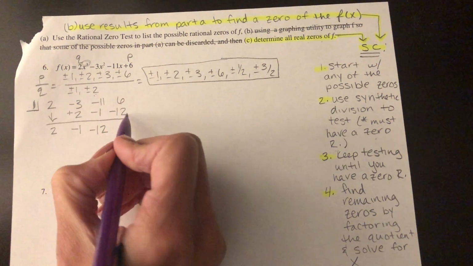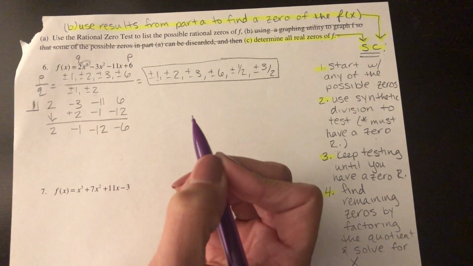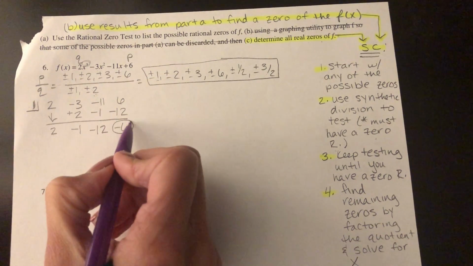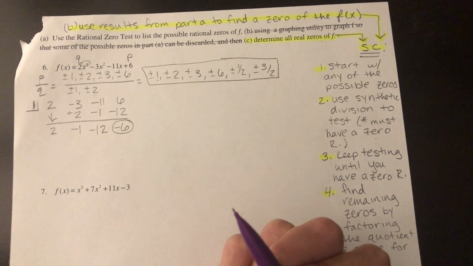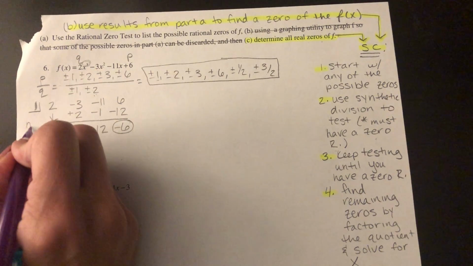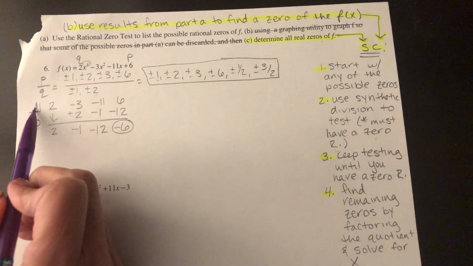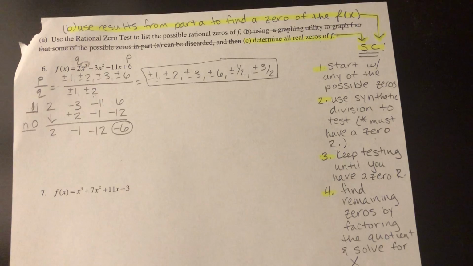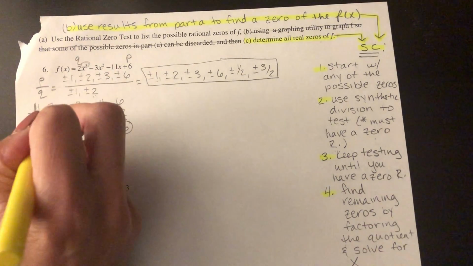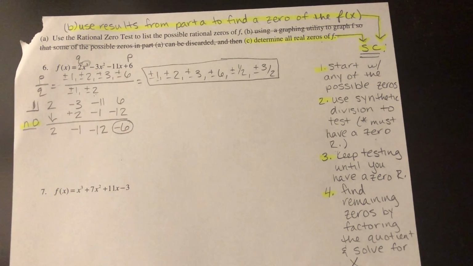Multiply and add. So my remainder here is negative 6. That is not a 0 remainder, so that means no, 1 is not a 0. So I need to keep going until I find one that works.